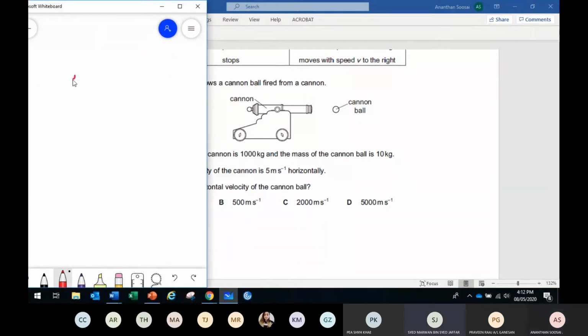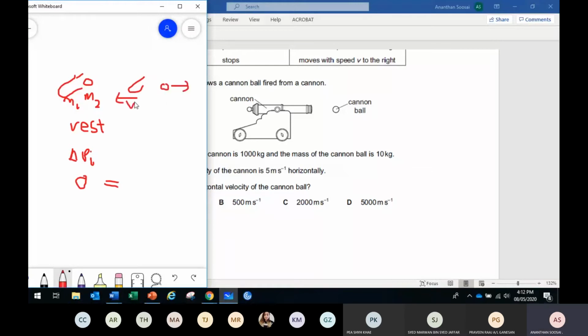Okay, the cannon and the cannonball. The cannon is M1 and the ball is M2. All of them are at rest. The unique thing about an explosion is the total momentum before. The total momentum before is always 0. After that, of course, the cannon is moving backward and the ball moving forward.